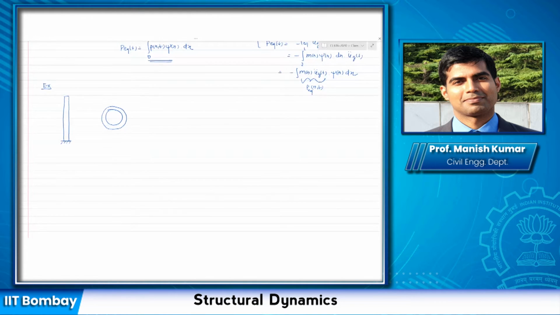Then you have an earthquake excitation. Let me first write down the overall height of this chimney: 200 meters. The outer diameter of this chimney is 16 meters and the thickness is 1 meter.